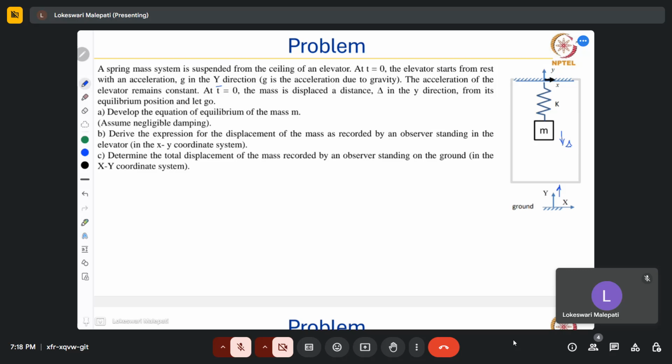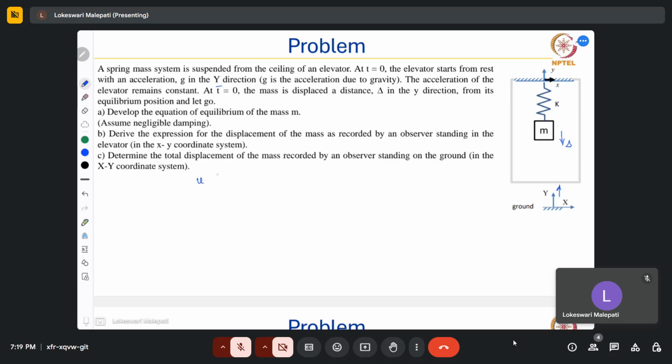So one is develop the equation of equilibrium of the mass m. So for this mass m, we have to write down the equation of equilibrium. I think they meant the dynamic equation of equilibrium. So let's do that. Let's write down the initial conditions they have given for this mass.